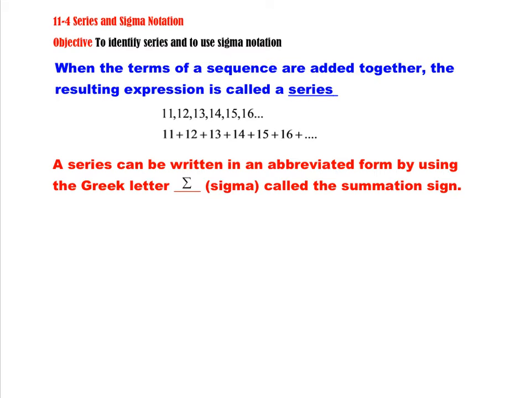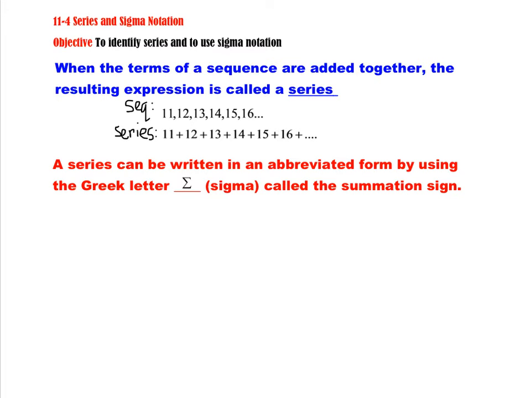It says, when the terms of a sequence are added together, the resulting expression is called a series. So it's as easy as that. The first half of the chapter, we would talk about something that looks like this first example here, a sequence where it's just a list of numbers. Series would be the same idea, that list of numbers, but each term would be added in the sequence.